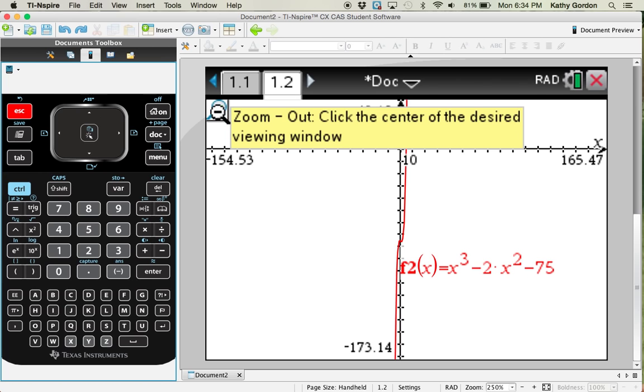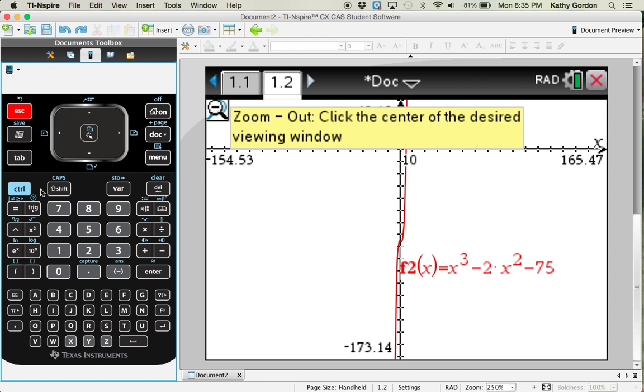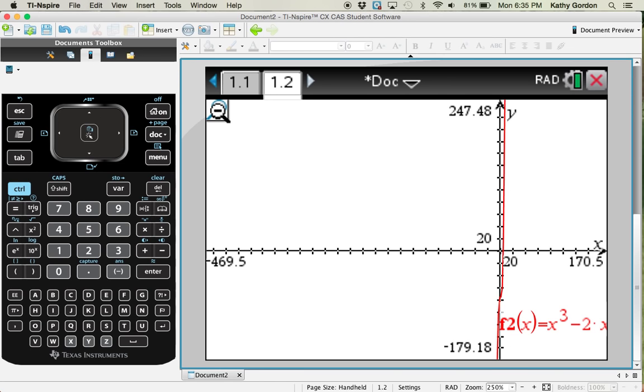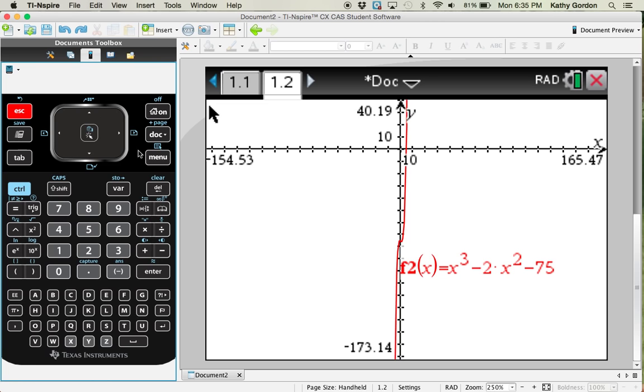Let's see, I thought it was click on the corner. Click the center of the desired viewing window. Yes. How about a control click? Nope, that doesn't do it either. Let's go back, control escape. How about just escape? There we go. So hitting escape gets rid of the little icon up here and gets rid of my little magnifying glass.